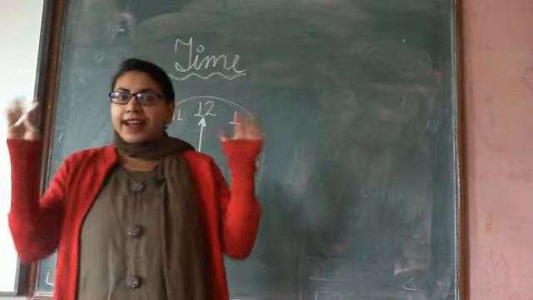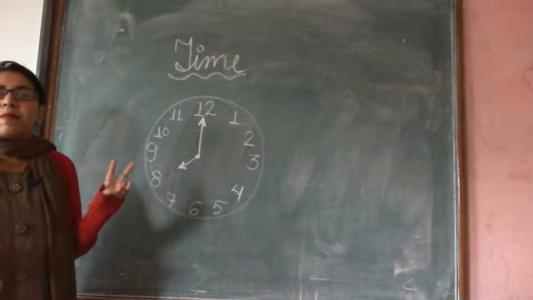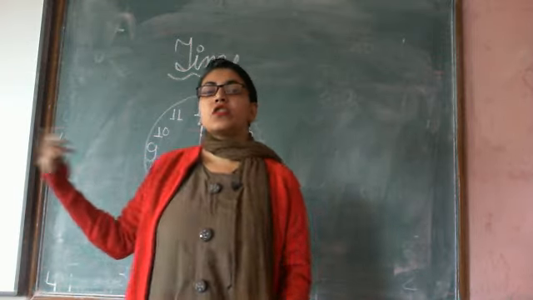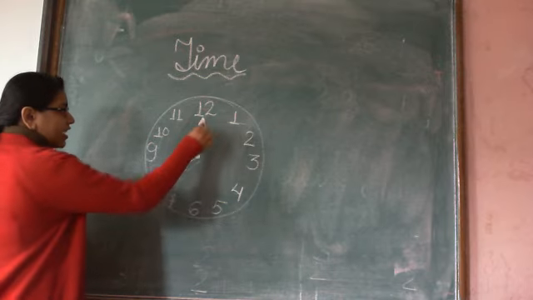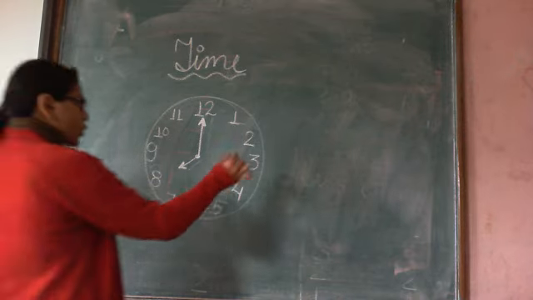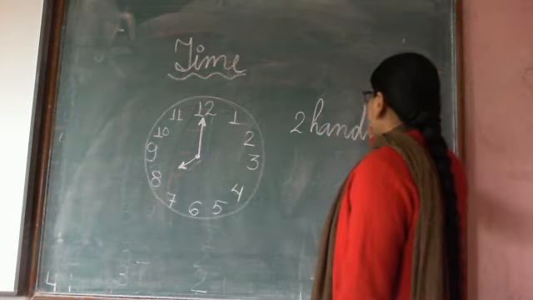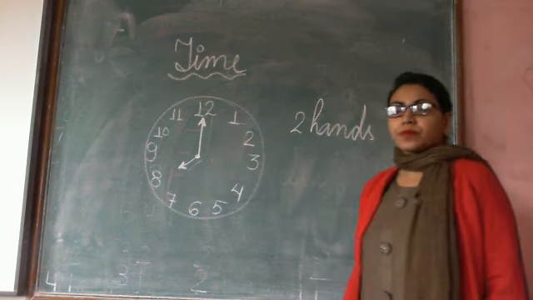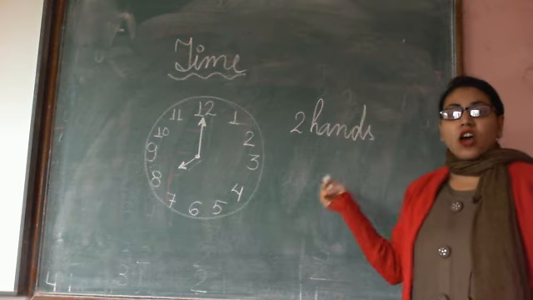The clock has two hands, one shorter and the other longer. This one is the short hand and this one is the long hand.